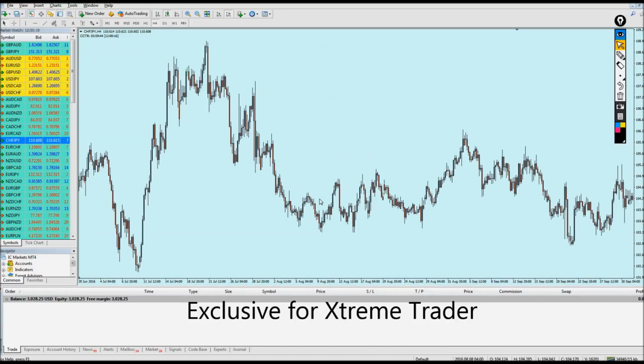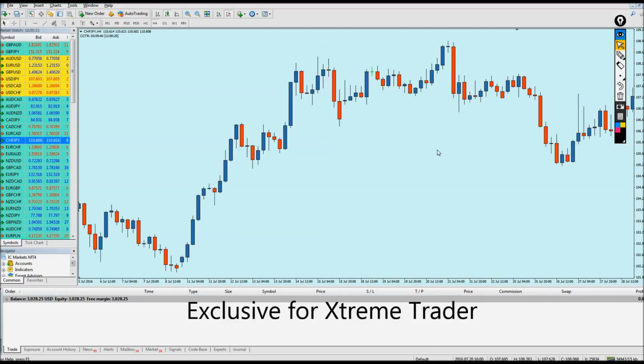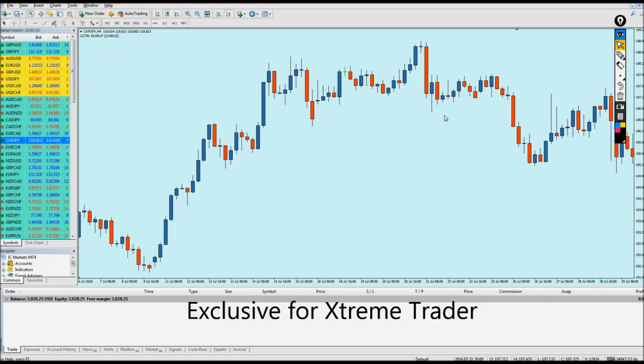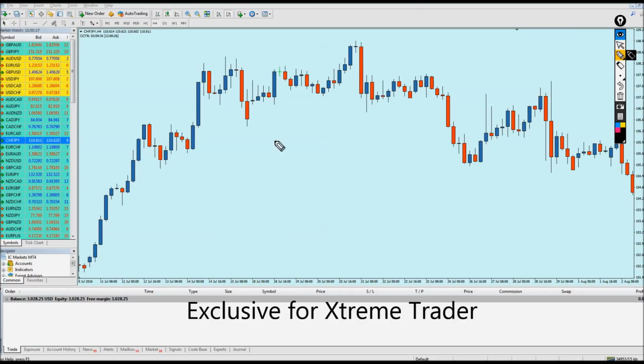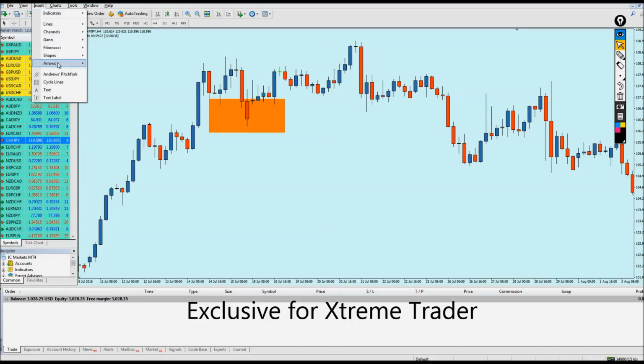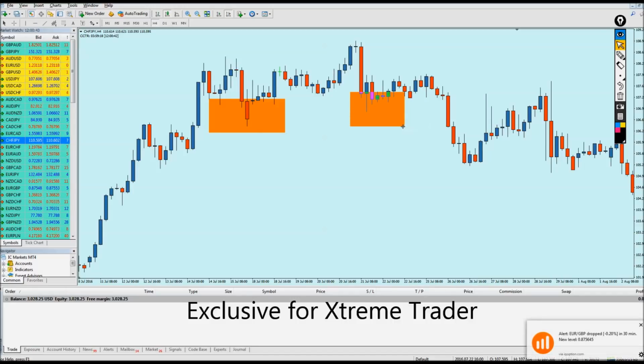Let me just make a quick review, guys. If you want to select your support and resistance on a level that consists of so many wicks, like for example this one here, just make sure that you are marking it very well. Here you have a support, and here you have the support.